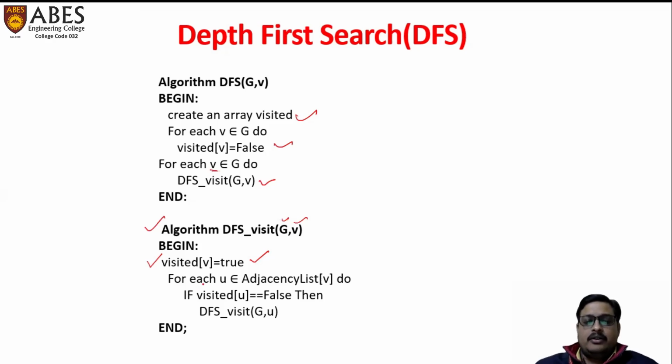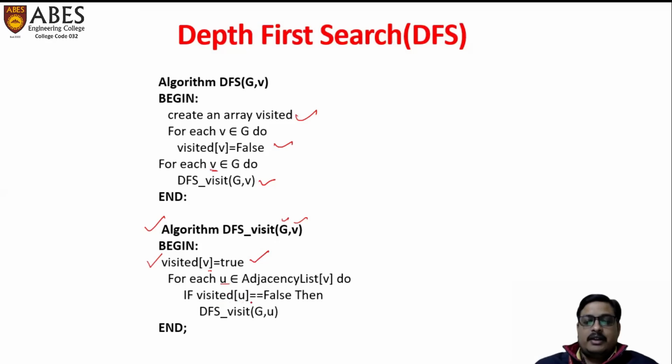Then we'll find the adjacent vertices of this V. So for all U adjacent to V, how can we find them? We have the adjacency list of the graph, so we can easily find the adjacent vertex of V, that is U.